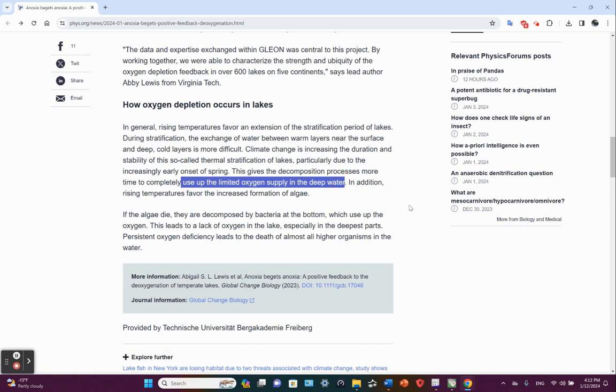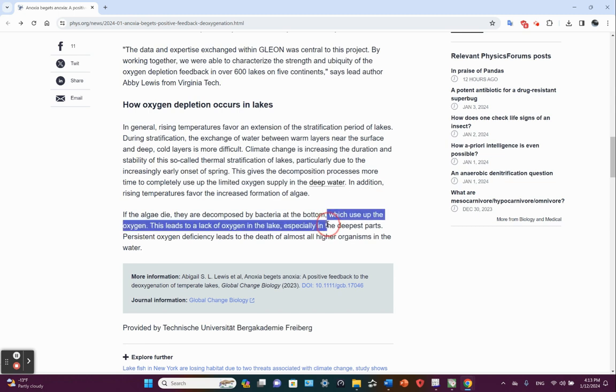In addition, rising temperatures favor the increased formation of algae, and then when the algae die, they are decomposed by bacteria at the bottom, which use up the oxygen. That leads to a lack of oxygen in the lake, especially in the deepest parts. Persistent oxygen deficiency leads to the death of almost all higher organisms in the water.